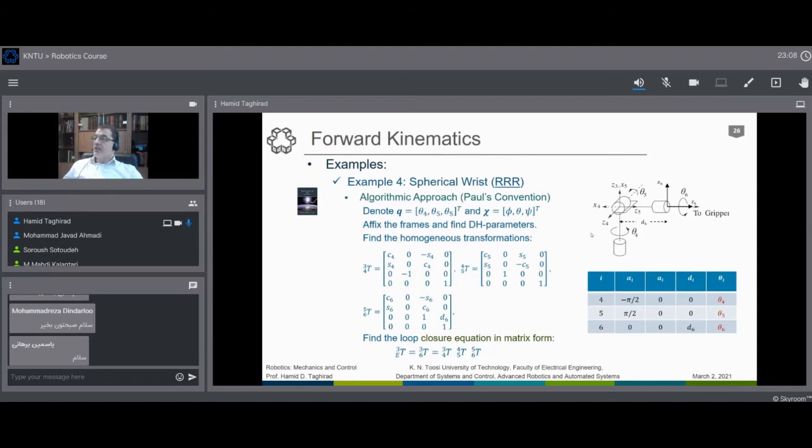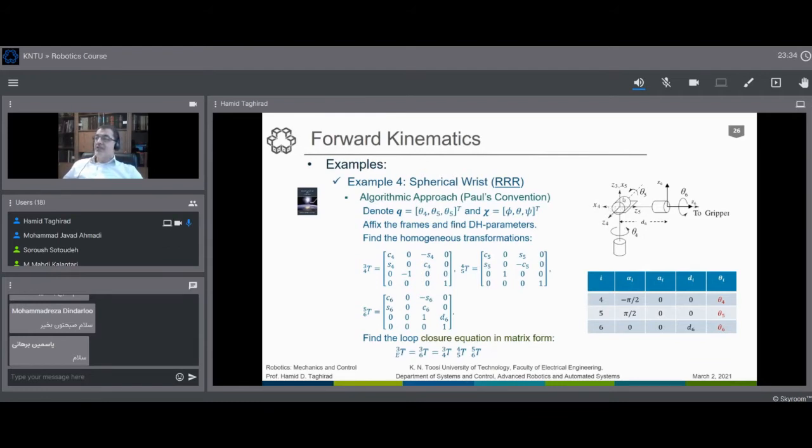One here in this direction, call it Z4, and one in this direction, call it Z5. All of them intersect at the point, and then we can find the x-axis. The x-axis was the common normal of these 2, but since they are intersecting, it is simply any perpendicular direction that you can use in this plane.